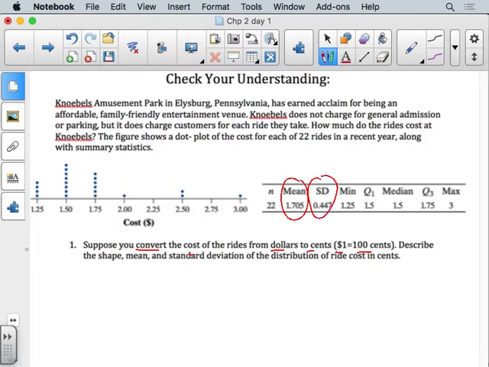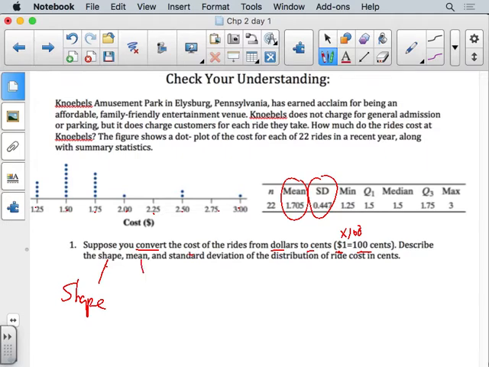So what would happen to the shape when I multiply every single value by 100? The shape of this graph would stay the same. It's just those values would become 125 cents, 150 cents, 175 cents.